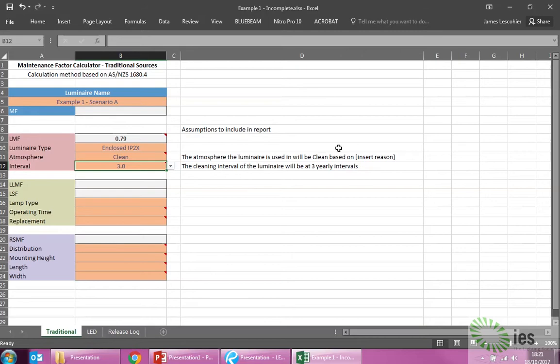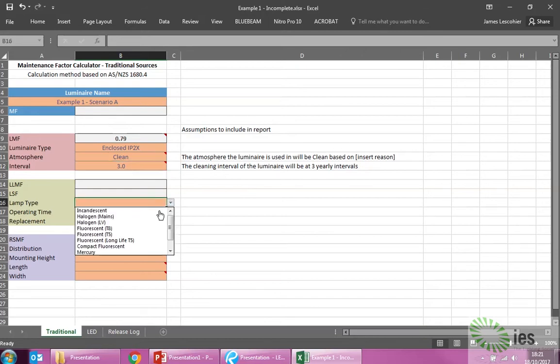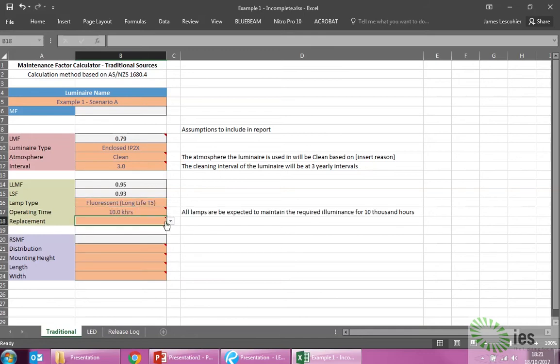As you can see, I've got assumptions to include in the report, nice and simple things. Lamp type, we've got our long life T5, operating for 10,000 hours, using, let's try a frequency replacement to start with. Distribution is of course a direct fitting, mounted at 3 meters, and the room was 25 by 50.